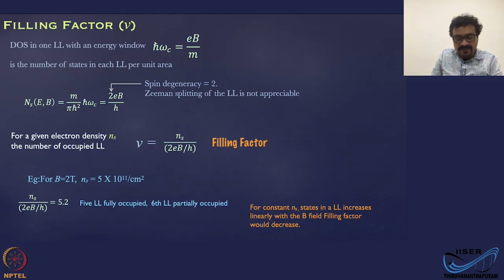For example, if you have the B field 2 Tesla with an Ns 5 times 10 to the power 11 per centimeter square, then when you work out this number, what you will get is 5.2. What that means is there are 5 Landau levels fully occupied and the 6th Landau level is partially occupied. That's what it means.